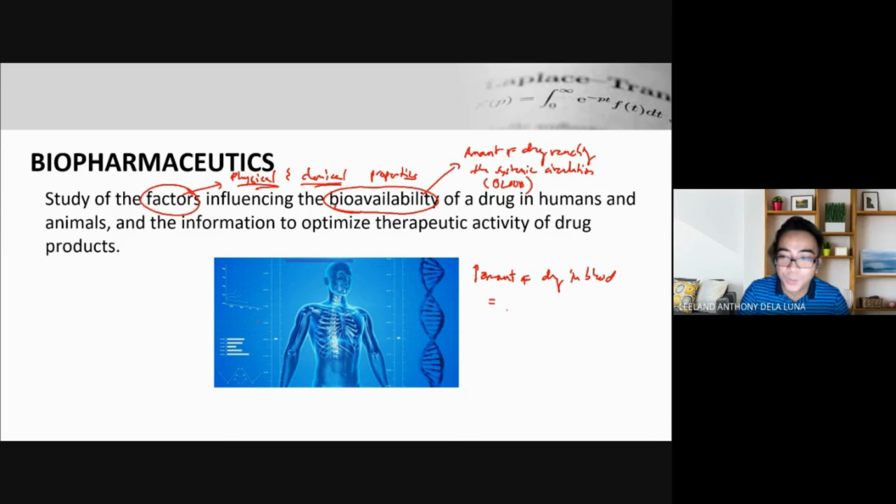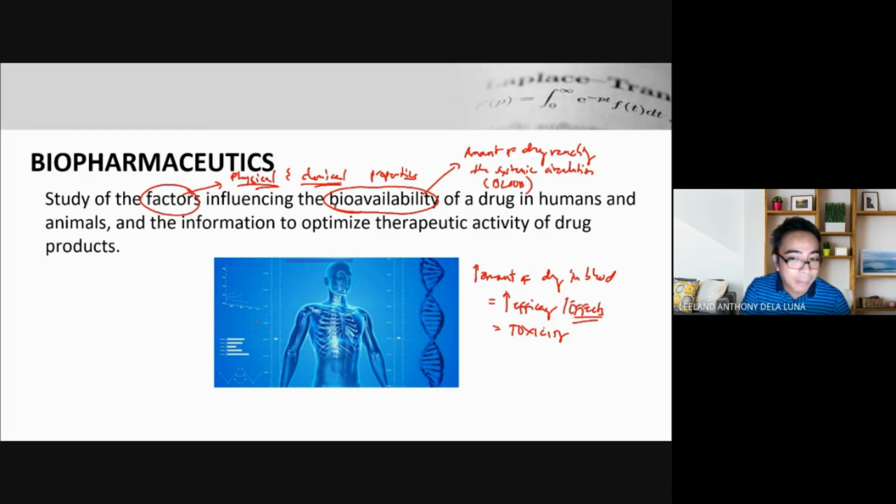Effectivity din po. Very good. Increase in efficacy. Alright? Pero syempre, or effects na lang, wag lang efficacy. Mas maganda ang term na effects. We just hope, class, na hindi naman sobrang dami ang gamot na nasa blood which leads to toxicity. So you have to strike a balance between the amount of drug entering the bloodstream.